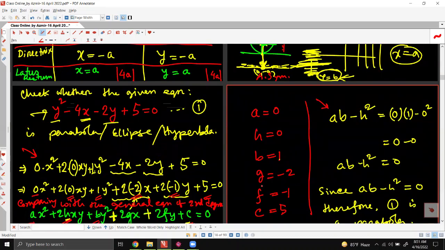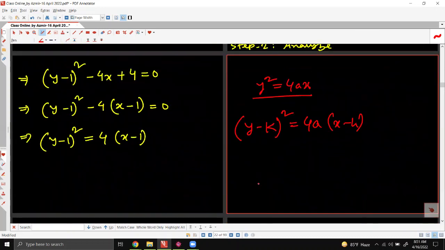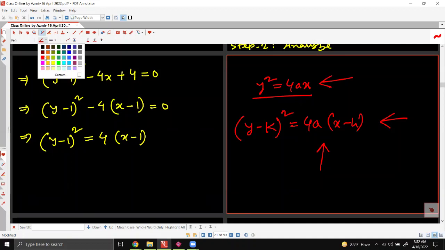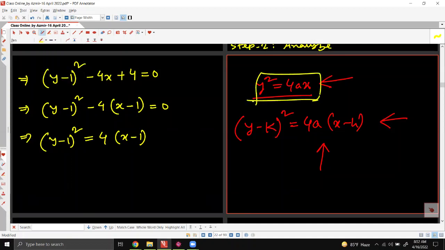So the equation is in the standard form y minus k squared equals 4a x minus h. You can see that here k is 1 and h is 1, but we will not go with this equation because we don't have a look on these formulas. We have understood the formulas for this equation. So it will be wise to convert the equation to this basic form.